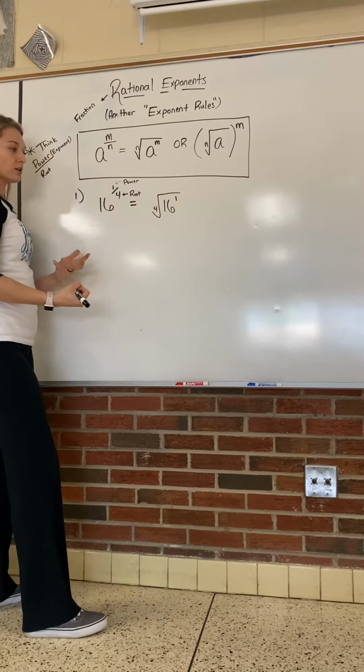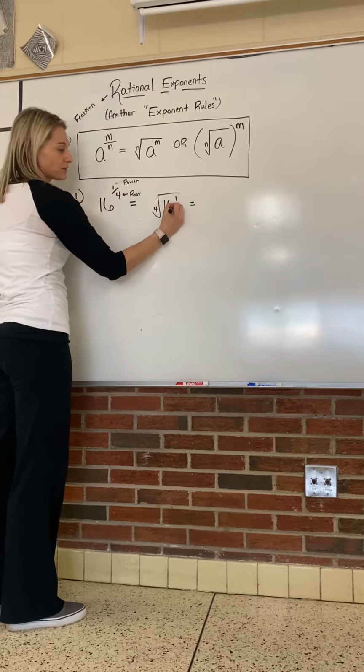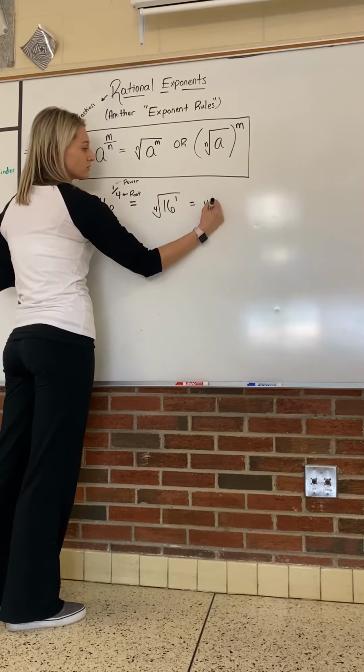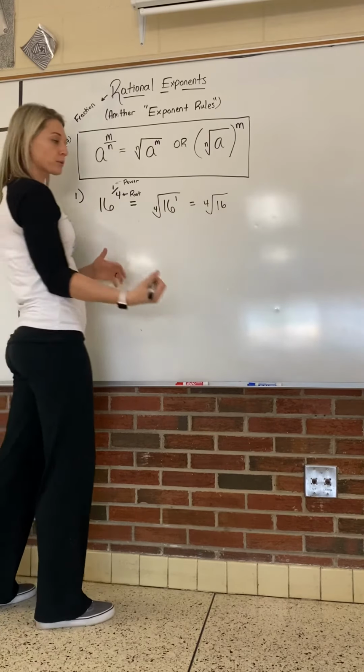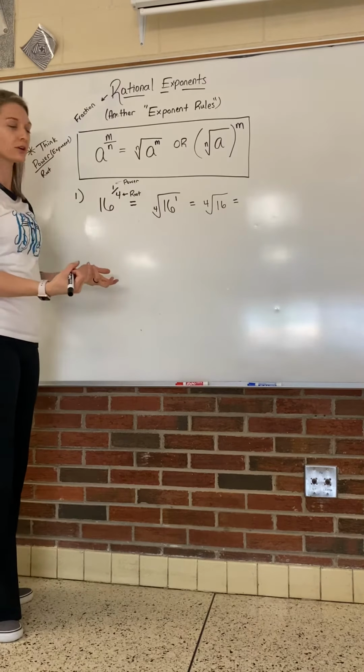Okay, and so when you simplify this, because it will simplify since it's a number, you do this part first. So 16 to the first would just be 16. And then you take the 4th root of 16. Now, if you have a calculator, you're more than welcome to type this in your calculator.